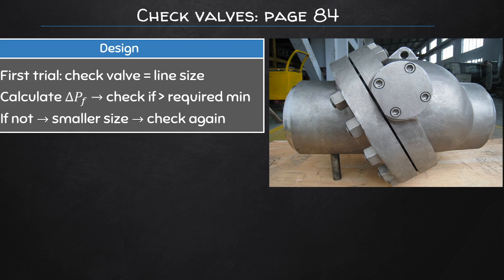So if you have a 25 millimeter line, choose a 25 nominal millimeter valve, and then determine the pressure drop that is obtained, and then check that this pressure drop is larger than the minimum pressure drop that is required for the safe operation of this valve. And if this is not the case, then you may require a smaller valve, so choose a valve that is smaller. So if you have a 25 millimeter line, then choose a 20 millimeter nominal diameter valve.